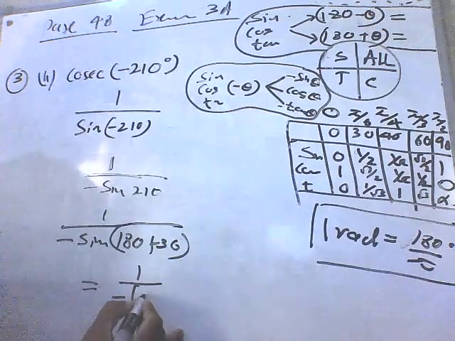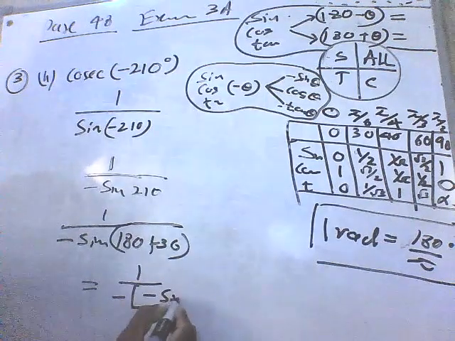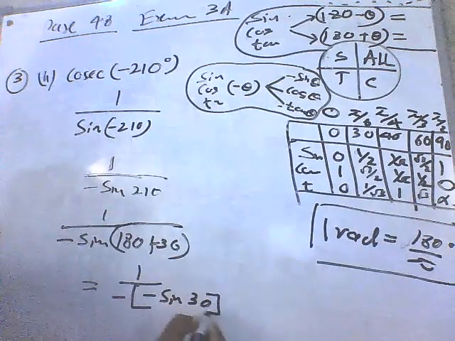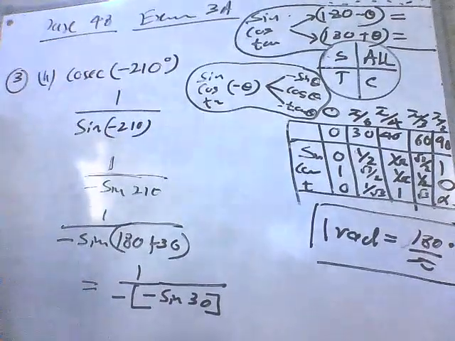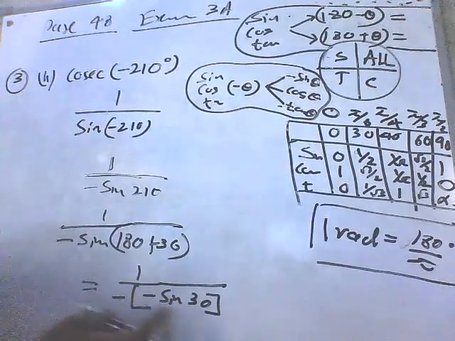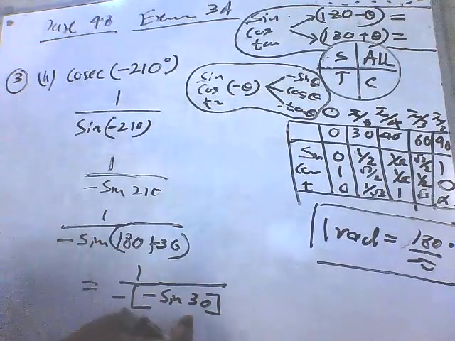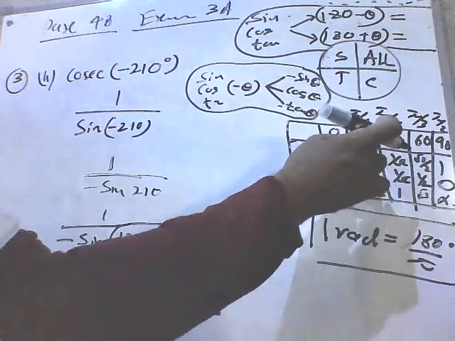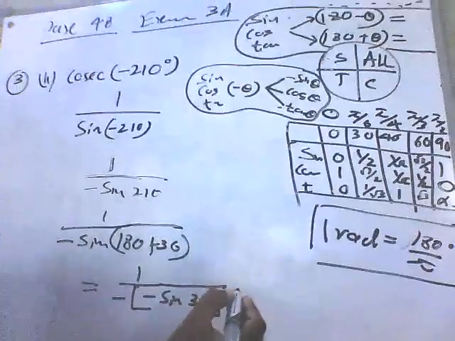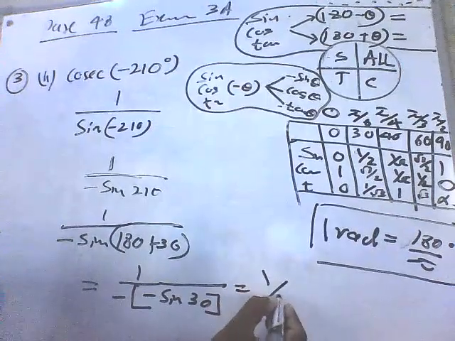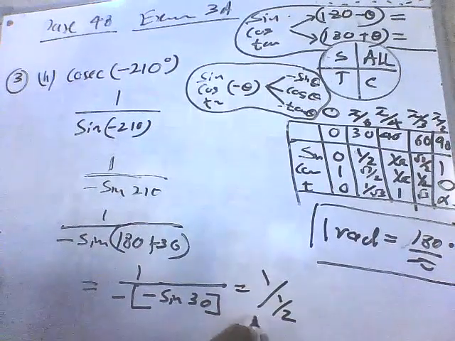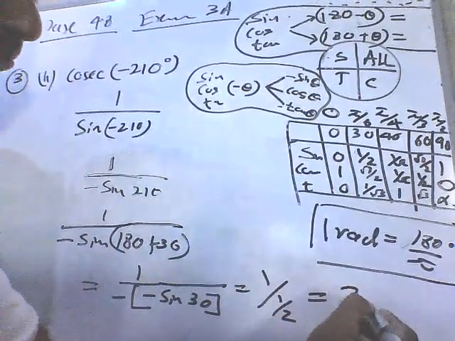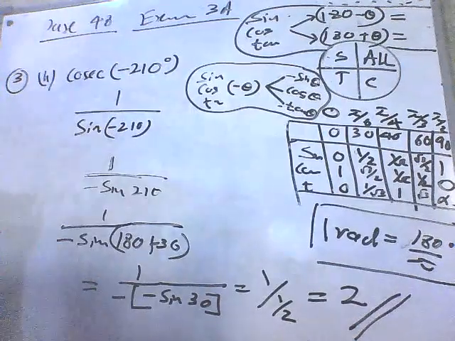Inside this you will get minus sine 30, and minus minus is positive. Sine 30, we know it's half. So 1 over half, positive. Then the final answer is 2. So it is an exact value.